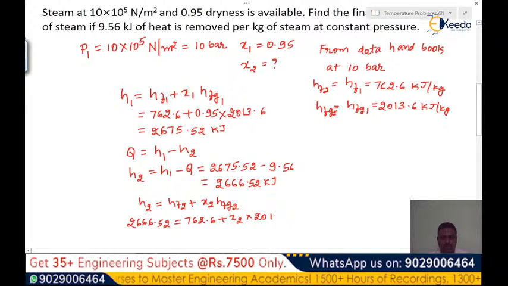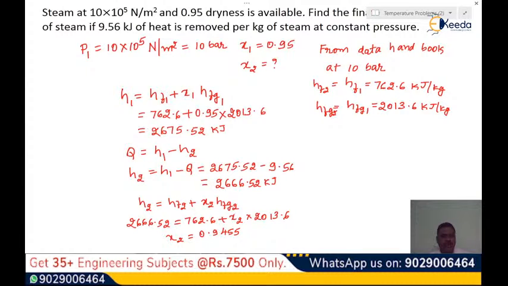So we will have a final dryness fraction X2 equal to 0.9455. So its dryness fraction is decreased from 0.95 to 0.9455 when there is a heat removal of 9.56 kilojoules.